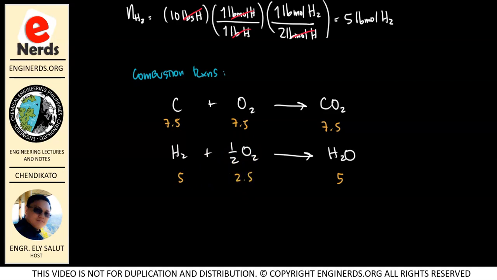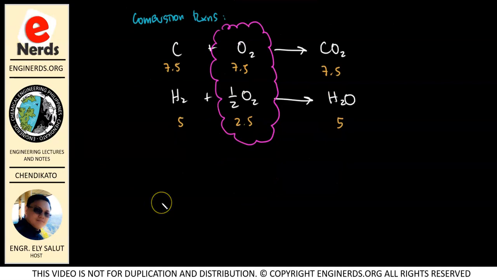Okay, so katulad nung natutunan natin last time, in order to get the theoretical O2, we need to get the number of moles ng O2 required for complete combustion, di ba? So, dyan natin makukuha yung ating theoretical O2.